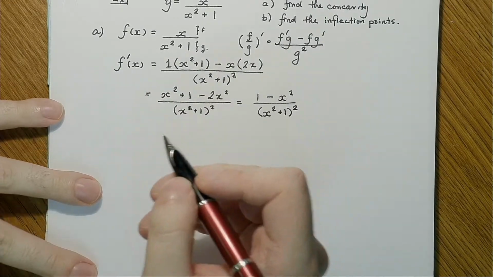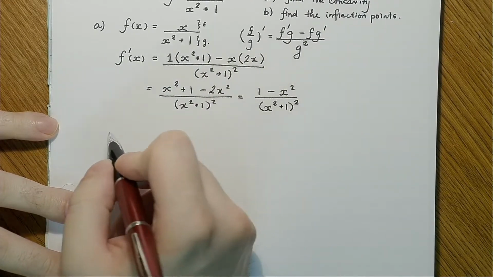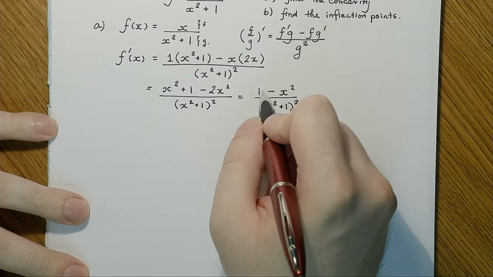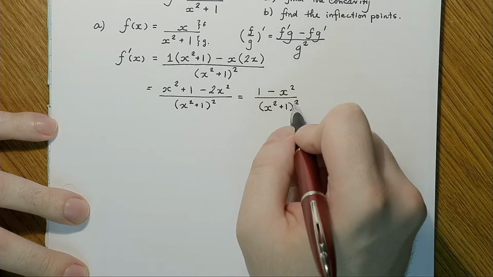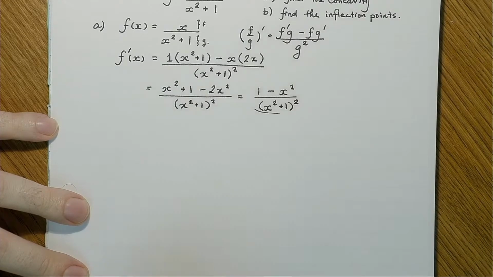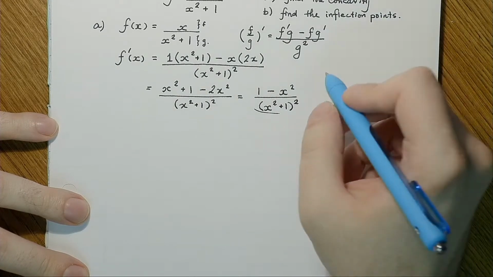And again, meticulous attention to detail is important to this. Not only will we have the quotient rule, but we also have this one down here where we'll have to apply the chain rule.